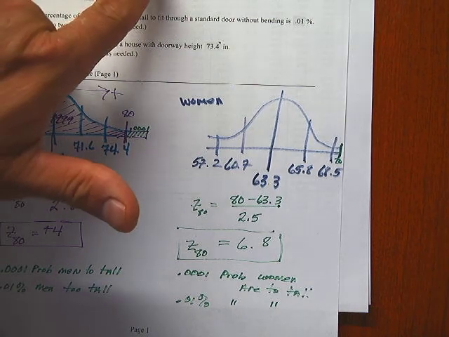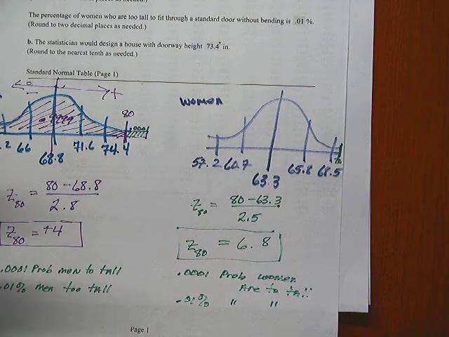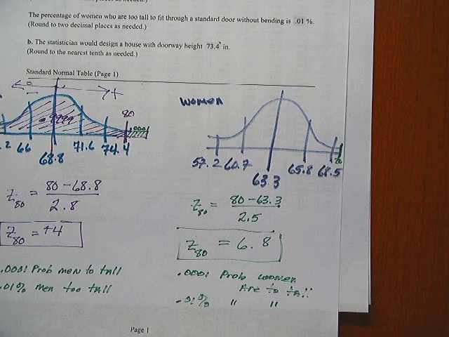Part B says the statistician would design a house with doorway height of what? Well, let's go back to, if a statistician designs a house so that all the doorways have heights that are sufficient for all men except the tallest 5%. The tallest 5%.